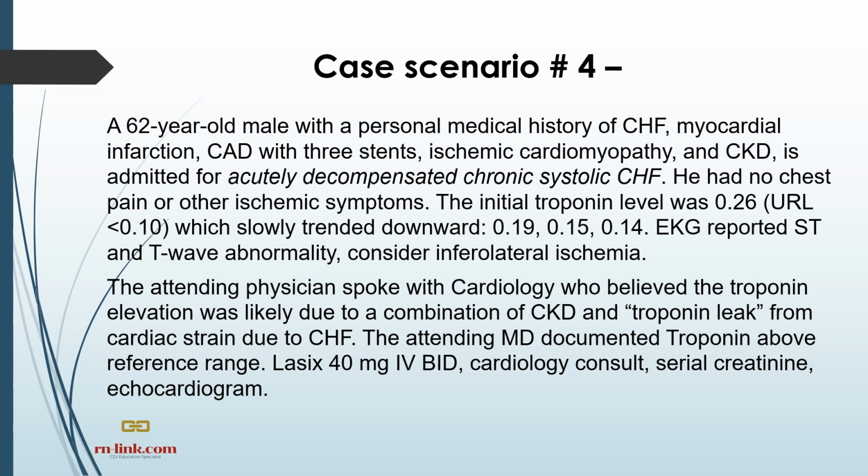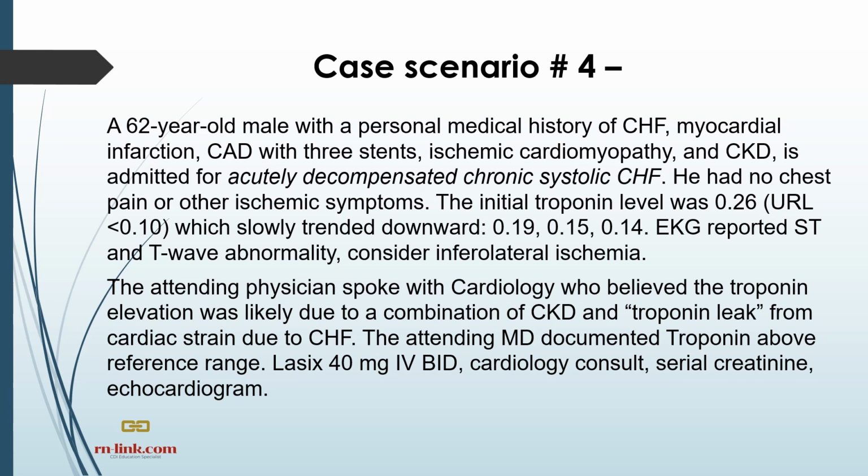The attending physician spoke with cardiology, who believed the troponin elevation was likely due to a combination of CKD and troponin leak from cardiac strain due to CHF. The attending MD documented troponin above reference range. Treatment: Lasix 40 mg IV BID, cardiology consultation, serial creatinine, echocardiogram.